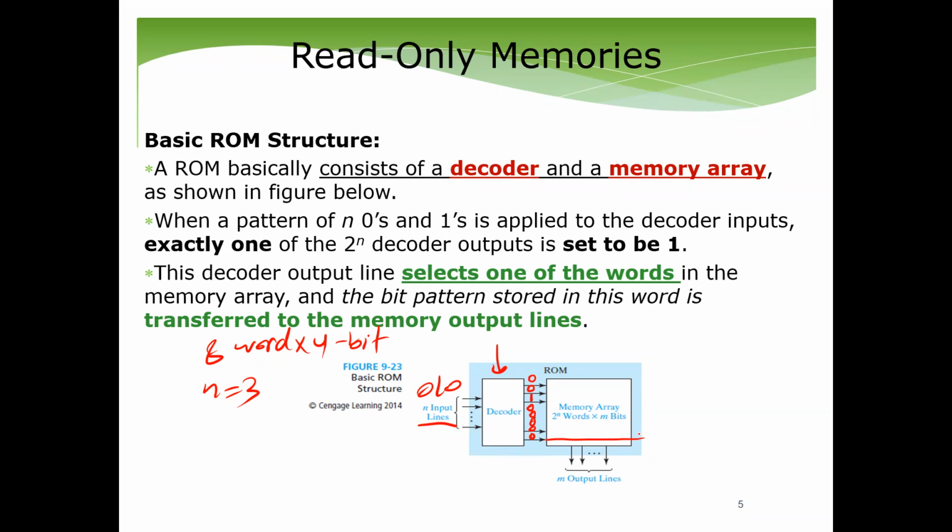So all these lines will be disabled, except for word 2. If this consists of 4 bits, since m in our example is equal to 4, I will route these values to the output.